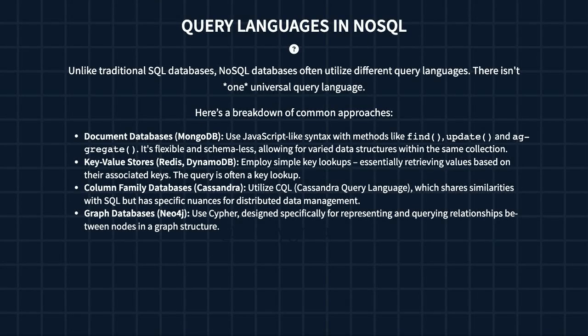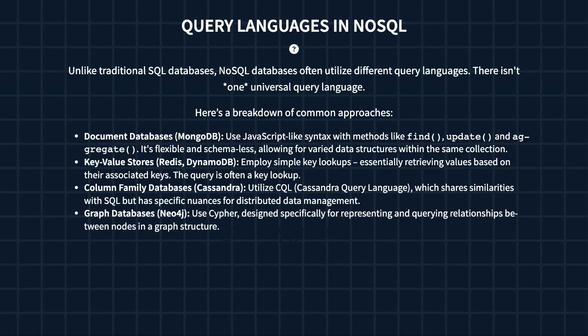Okay, let's talk about how we ask questions of NoSQL databases. Unlike SQL, where you're used to structured queries, NoSQL databases use a variety of languages depending on the type. For document databases like MongoDB, you often write queries using JavaScript-like syntax. It's really flexible and lets you store data in different ways. Key value stores are super simple.